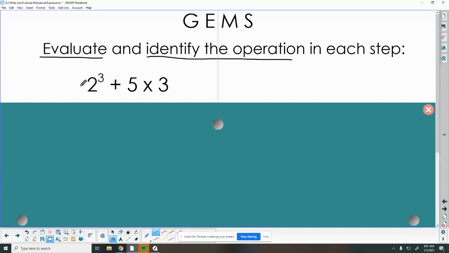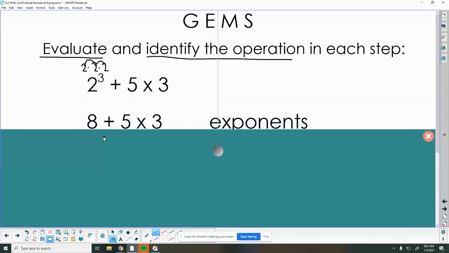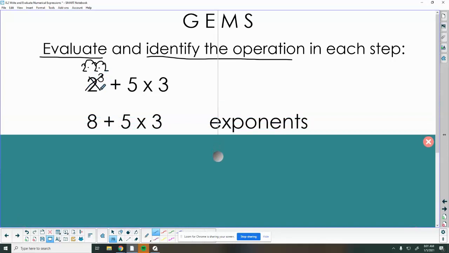We do have an exponent here. I always like to write it out so I make sure I get all of them. 2 times 2 times 2. So 2 times 2 is 4, times 2 is 8. So I'm done with this.